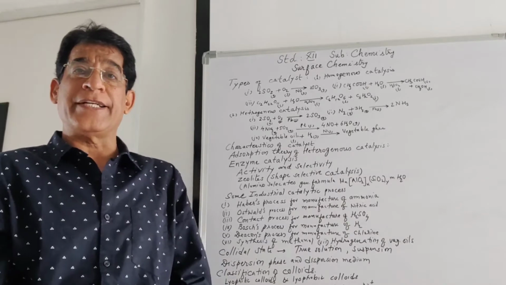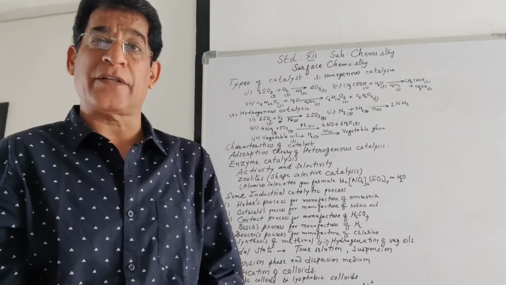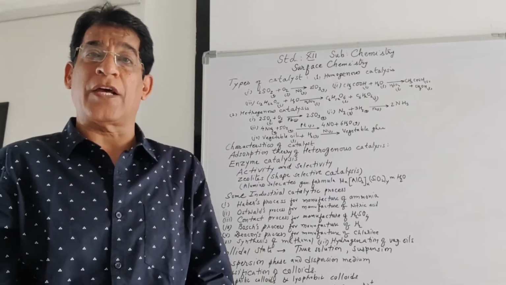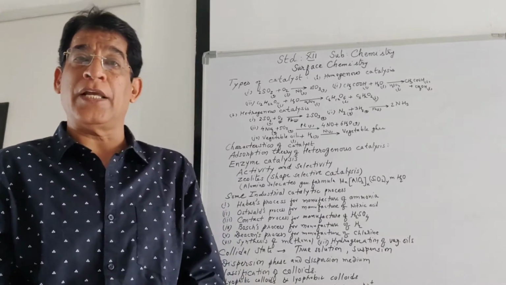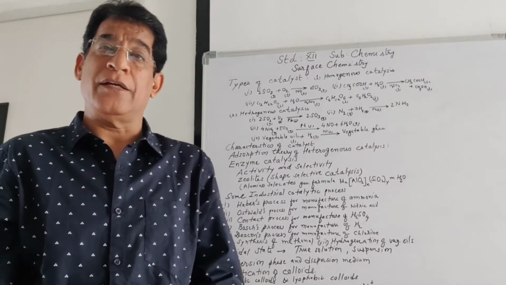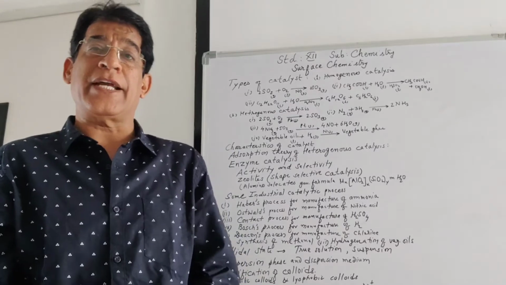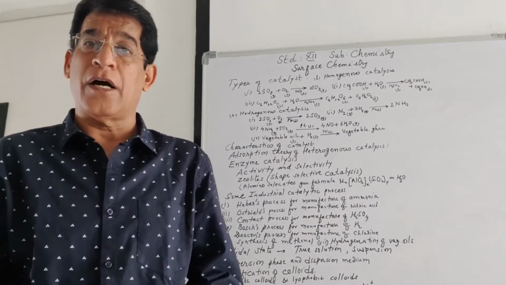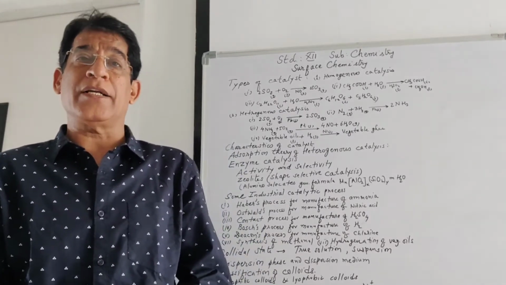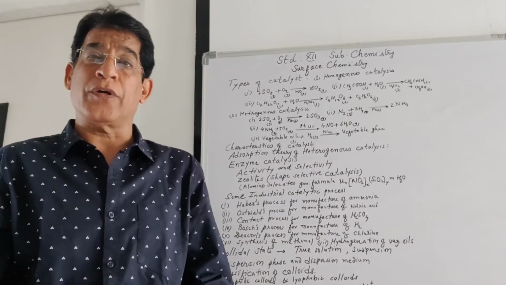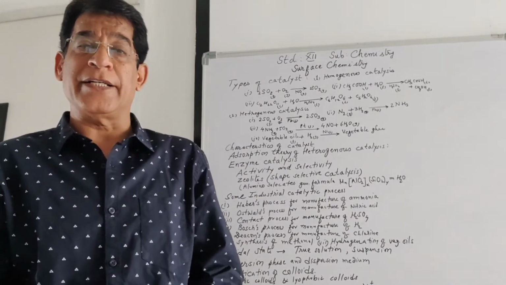Fifth, diffusion of the products away from the surface. Generally, step 3 determines the rate of reaction. However, steps 2 and 4 may be rate determining.